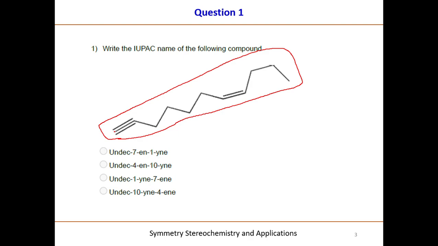And from which side you have to start giving numbering depends on these two functional groups, that is the double and triple bond. So always remember the triple bond has highest priority over the double bond. In this case, we will consider this triple bond as the highest priority functional group or suffix.